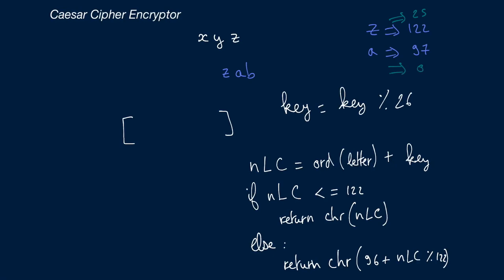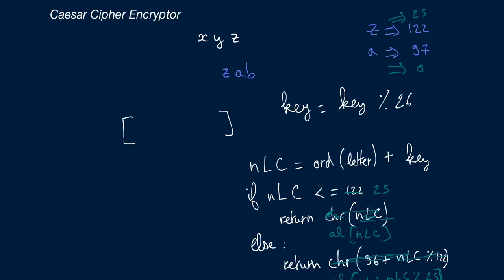And then in our formula here, you could say if NLC is less than or equal to 25, return, instead of chr, let's say your array of the alphabet is called AL, you would return AL of NLC, right? And then here, instead of returning this thing, you would return AL of -1, which is the equivalent of 96 here, plus NLC mod 25.